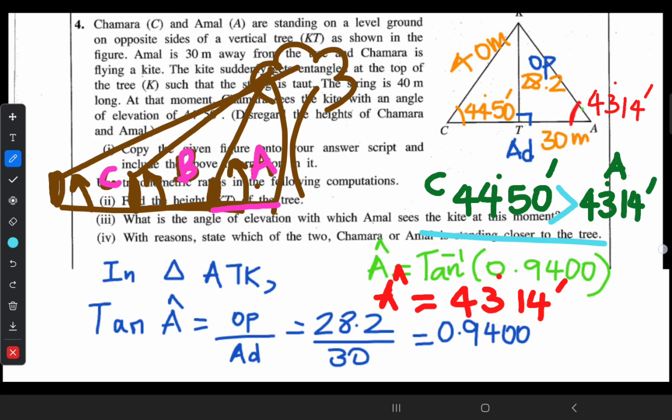That means his angle of elevation is high, so Chamara is standing closer to the tree. So you should write your answer with reasons, that Chamara is standing near to the tree because his angle of elevation is higher than Amal's. Likewise, you can write your answer.